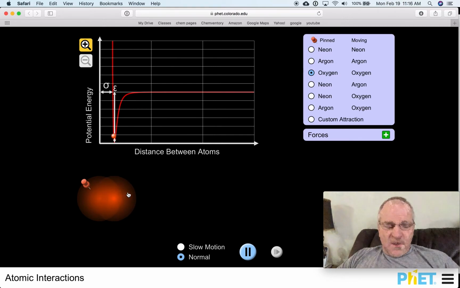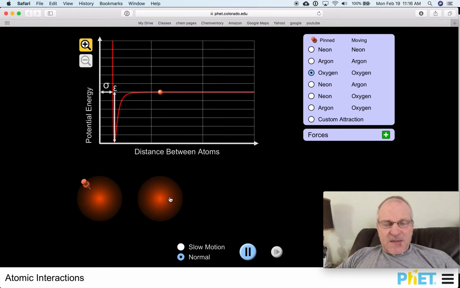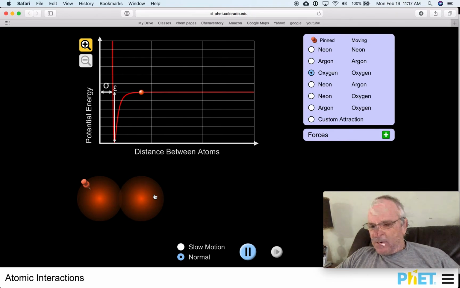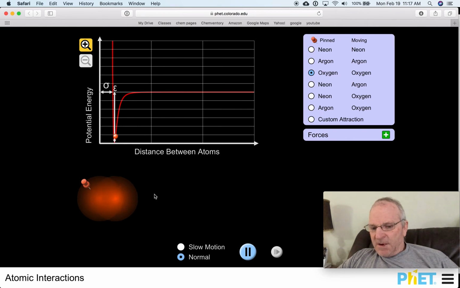So as the nuclei or the atoms approach one another, and the valence electrons are attracted to the nuclei in the bond, this energy minimum right here is when the bond is formed.